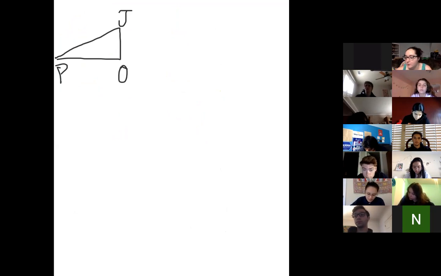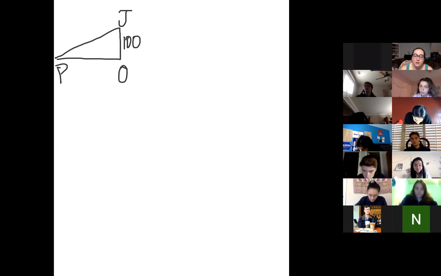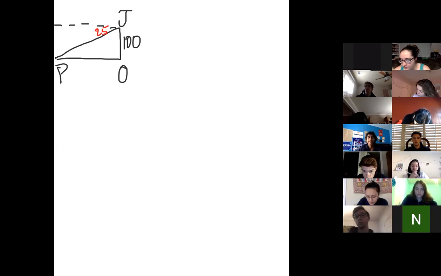This one is 100 because that's the height of Jim standing at the cliff. Okay, it tells me that the black pearl is at an angle of depression of 25, which means that the angle of depression is 25 here. If it's 25 here, it means it's 25 here.